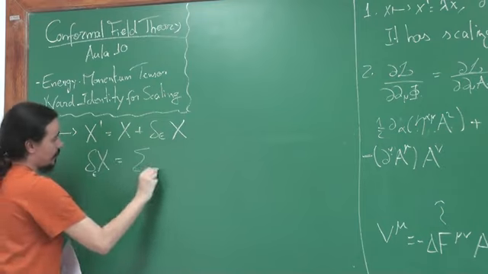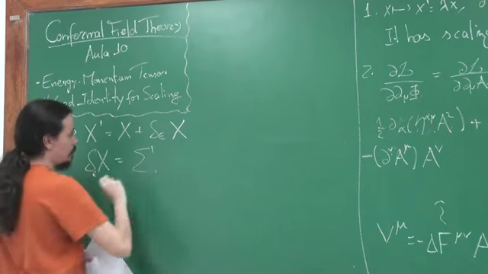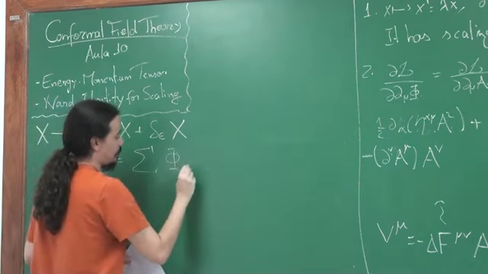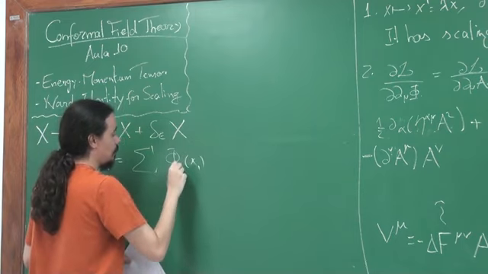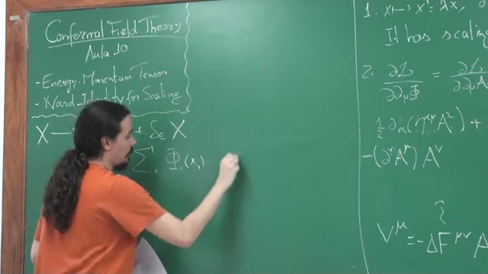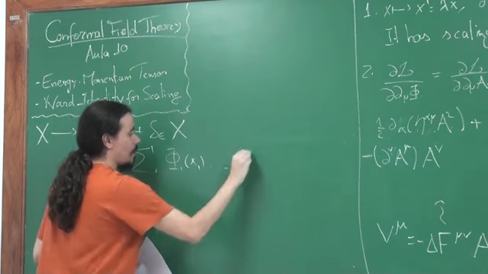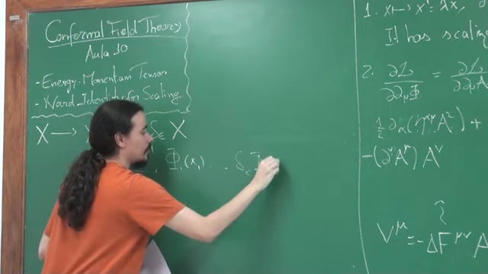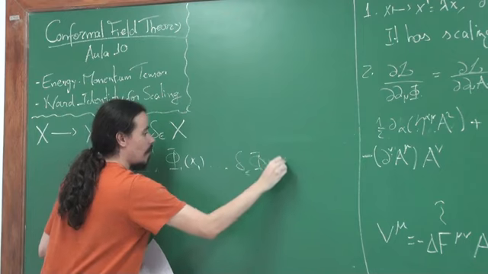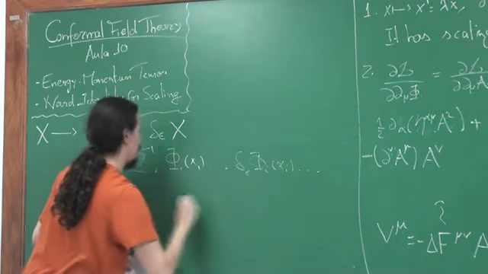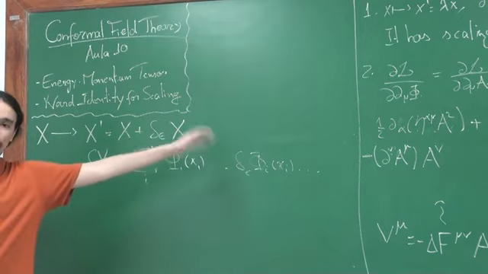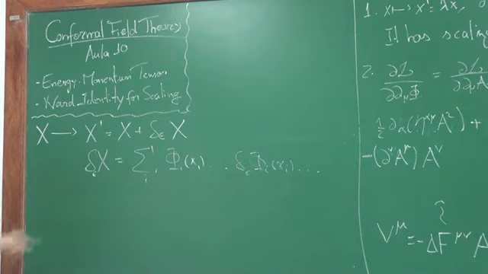It would be like a sum of the variations: if I have some spacetime point 1, and so on, it is just the sum of the individual variations of whatever operators appear up here in x.